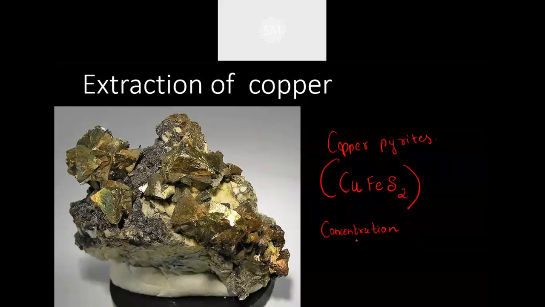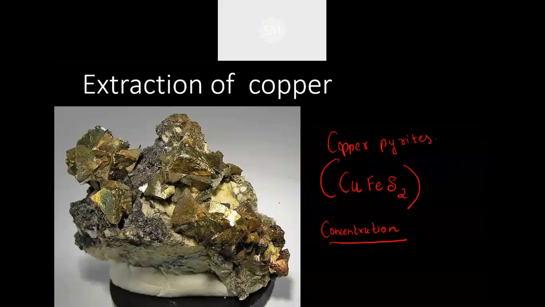Out of the methods which I have taught you, that is hydraulic washing, magnetic separation, and froth flotation, which one will you apply for this copper? Reply. For concentration, it's a sulfide ore. The removal of unwanted impurities will be done by froth flotation. Yes, very good, correct.